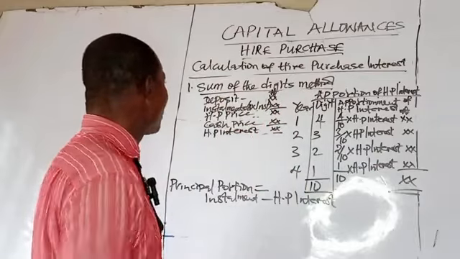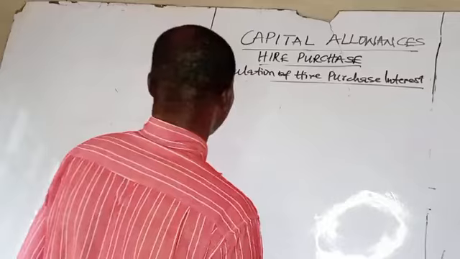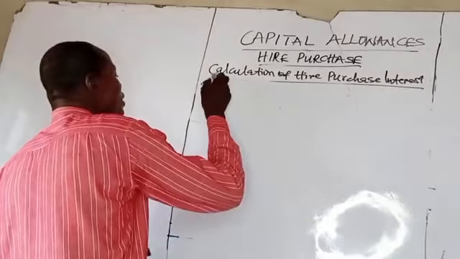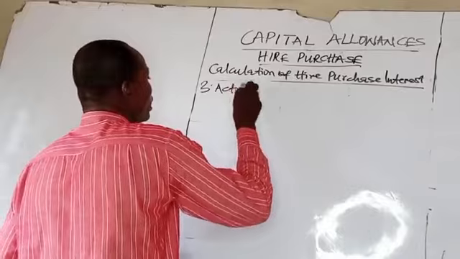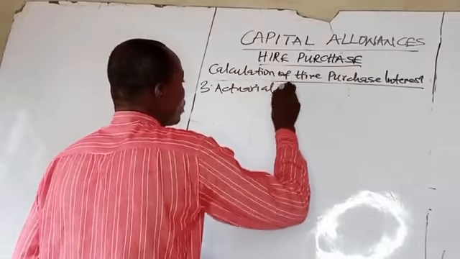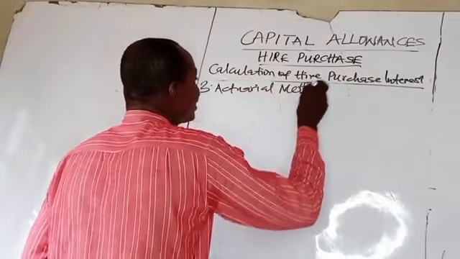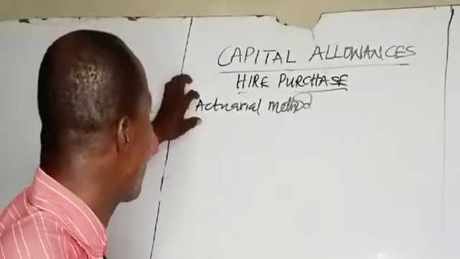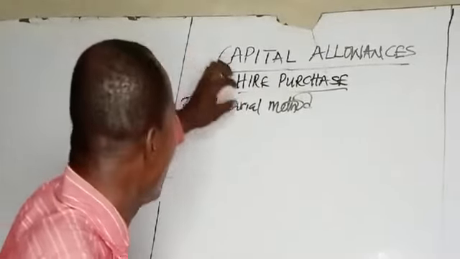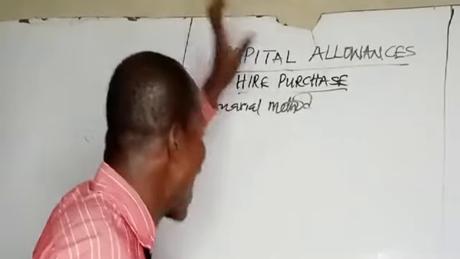The third method, this is method 2, is the actuarial method. Under this method, the higher purchase interest is calculated on the outstanding cash portion.